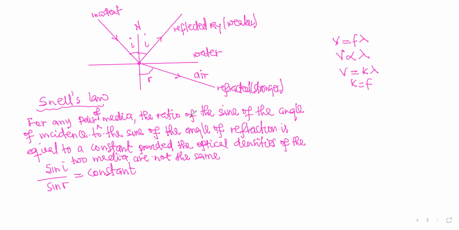Please, can you explain again why it does not change when it transitions to another medium? Frequency of light is a property of the source of light, not of the medium. So the medium does not have any effect on the frequency of light.